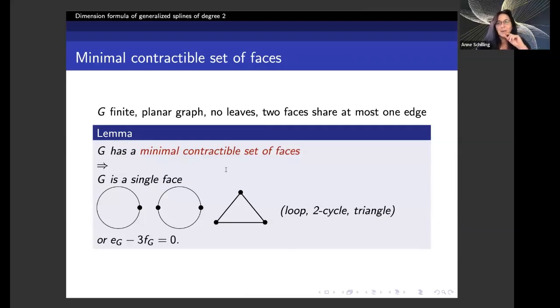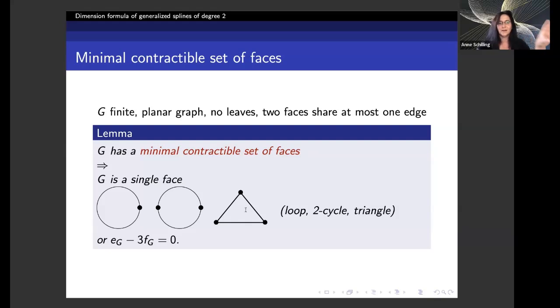I want to say one more thing about where this condition that two faces share at most one edge came from. Well, there's this nice lemma that a graph G has a minimal contractible set of faces if G is a single face, so it's either a loop, a double edge, or a triangle.